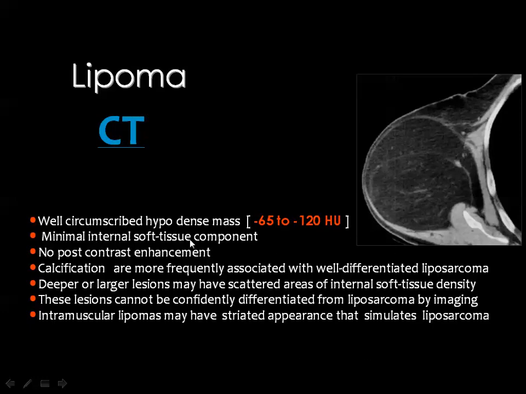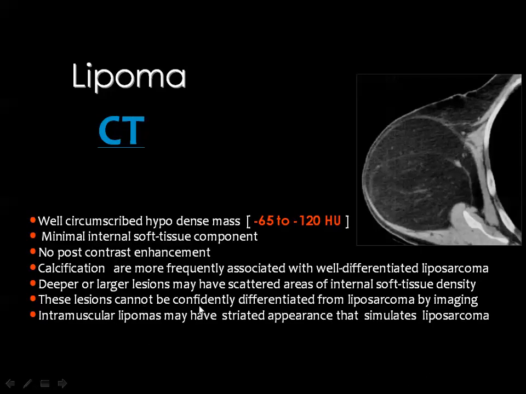There is no internal soft tissue component, though minimal soft tissue shadows like fibrous septa and blood vessels are acceptable. Calcifications are more frequently associated with liposarcoma, and whenever you see calcium, it should raise attention to exclude the possibility of being malignant.